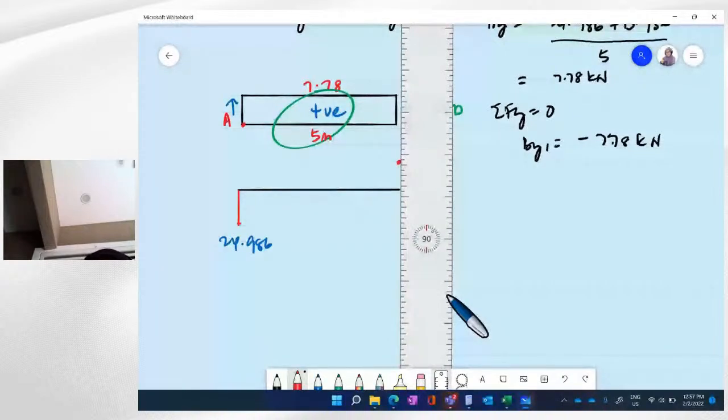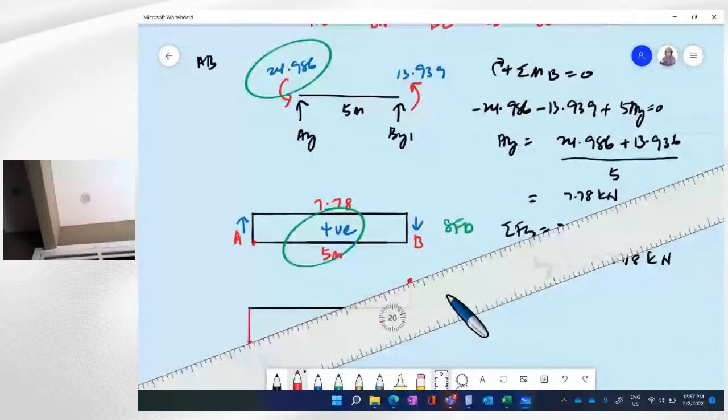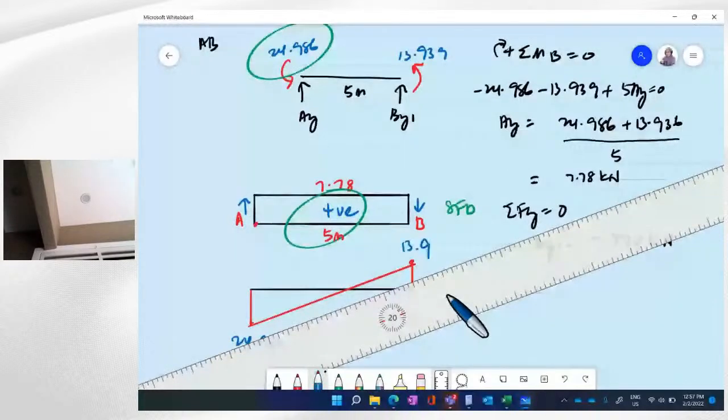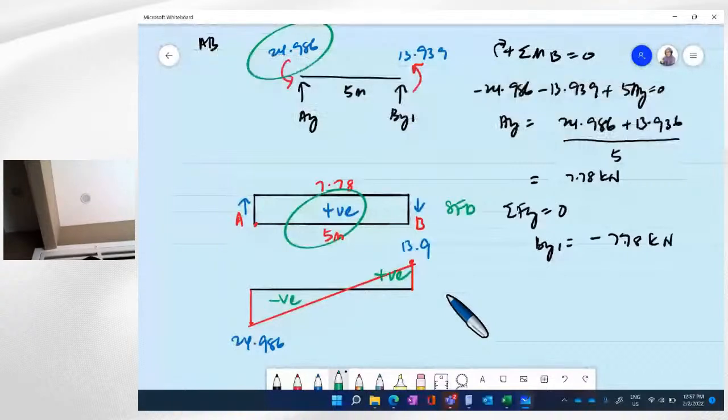Okay, we just need to join this. 13.9. So this is positive. Okay, and this is BMD.